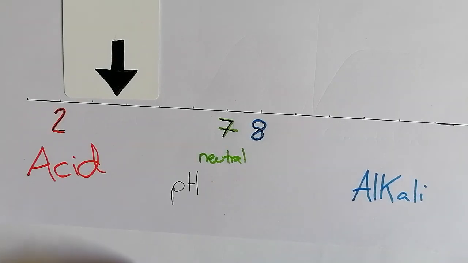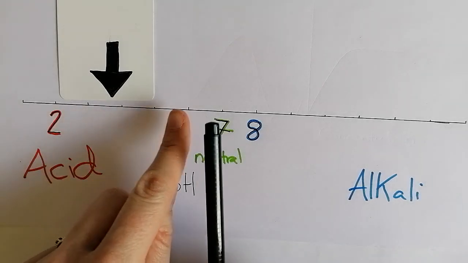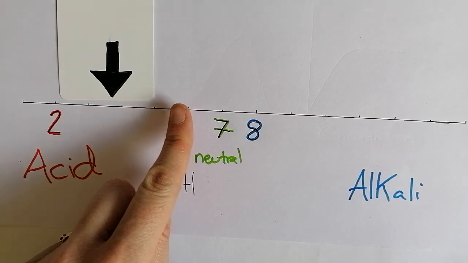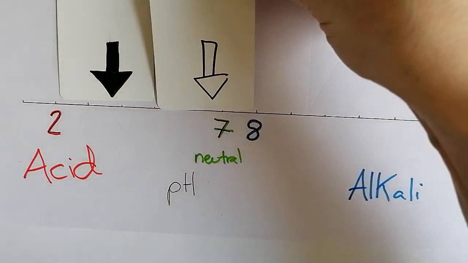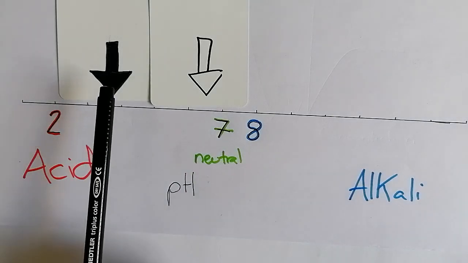If you have a situation where you have 2 test tubes running directly opposite each other, so running at the same time, one gets to here in a minute and the other one gets only that far, you would know that the one that didn't get quite so far wasn't working as well. So this one was more efficient.